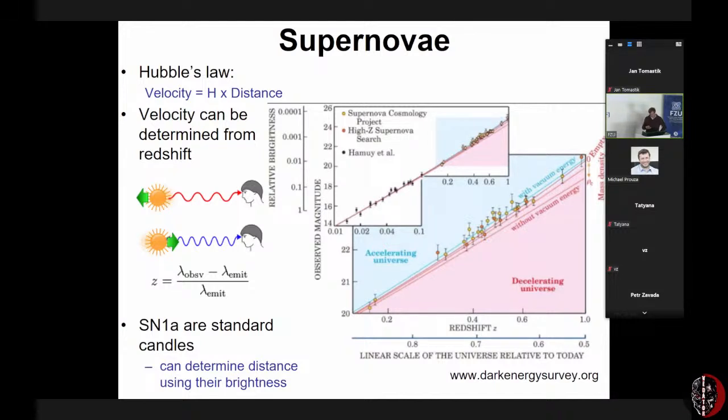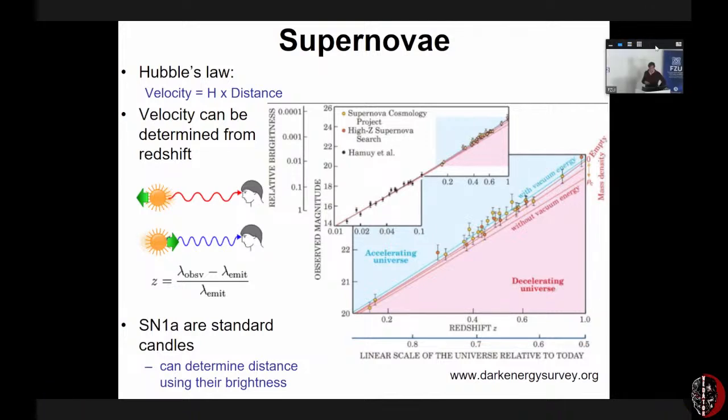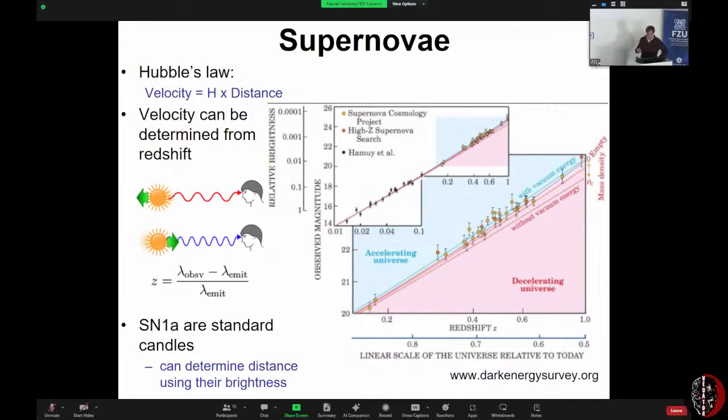And the velocity can also be determined from the redshift, and there is the Hubble law that links velocity and distance through the Hubble constant.